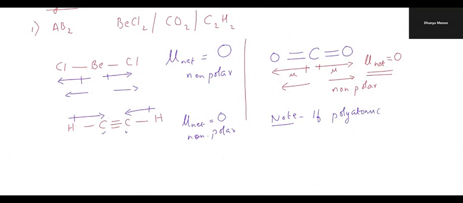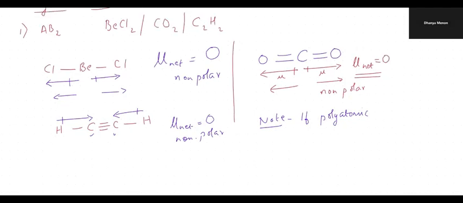We will be taking a few more examples. But for now, if there is a polyatomic molecule and if it is symmetric, symmetric means it is surrounded by the same type of atom, like oxygen, oxygen here, chlorine, chlorine, hydrogen, hydrogen.